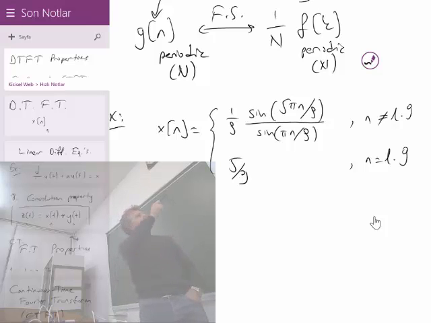For all the others, you have the shape above. Now, you may or may not remember this, but it looks like the Fourier series coefficients of something that we already know. And that's where the duality thing comes into the picture.